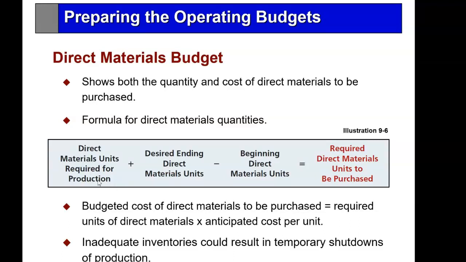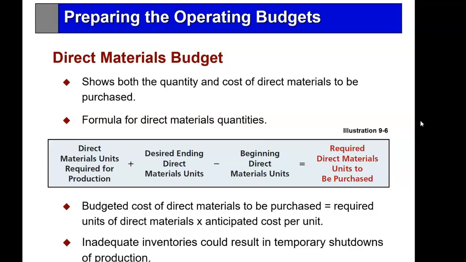So the production budget tells us how much we're going to produce. We calculate how much material we need to produce each unit. Plus, we have to have a desired ending inventory of materials, and that will be expressed as a percentage, like it was before, of next quarter's requirements. And again, we have beginning inventory.